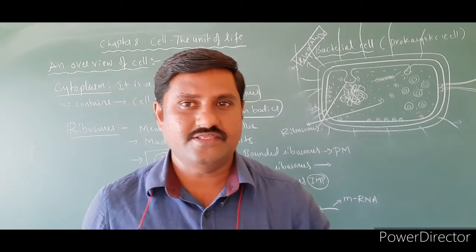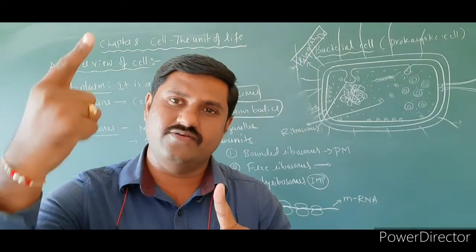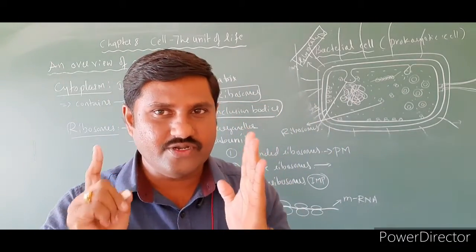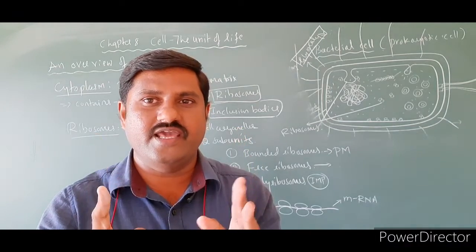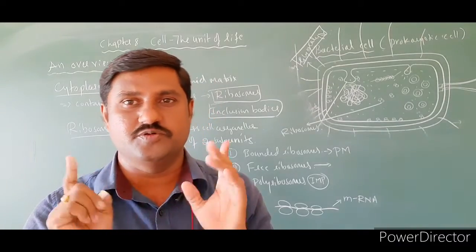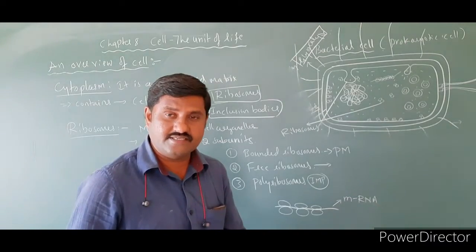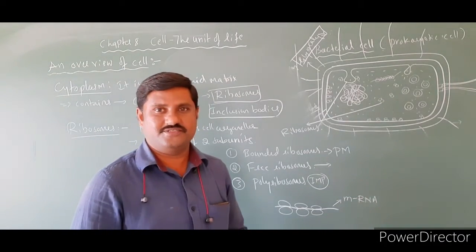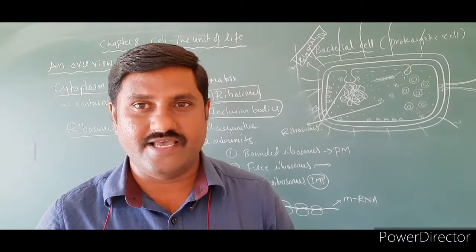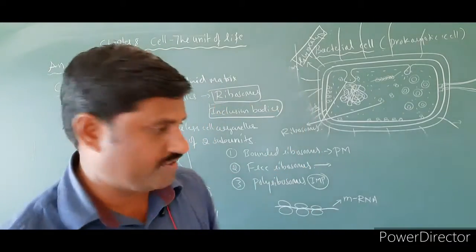But one thing you should remember: one mRNA bound to a ribosome is always used to synthesize one protein, right? Point to be noted. One mRNA helps in the synthesis of one protein. Here many ribosomes are there. They are synthesizing protein, of course. They synthesize the same protein, which means they synthesize many copies of the same protein.